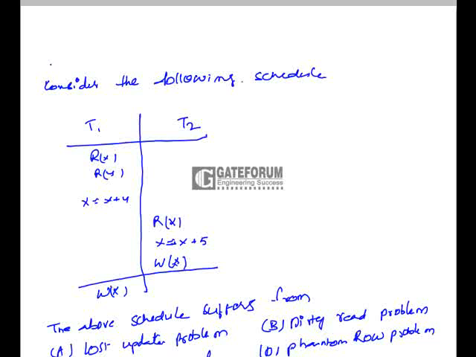After that, T1 is writing data item X, that is, it is updating X as X plus Y. So here we can say that the update on data item X is lost. So this schedule is suffering from the lost update problem. Lost update problem occurs when an update made by a transaction is lost due to an update made by another transaction. So here the correct option is option A.